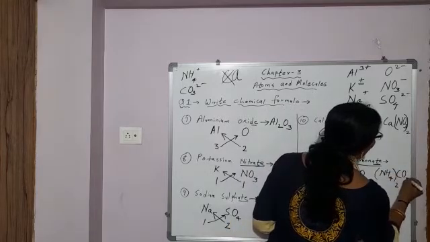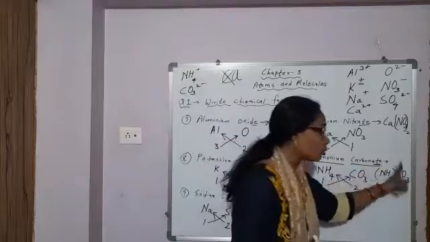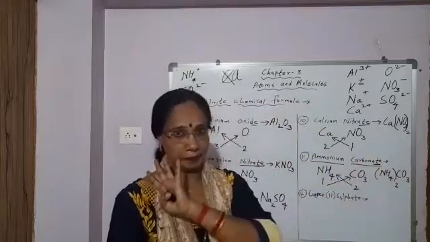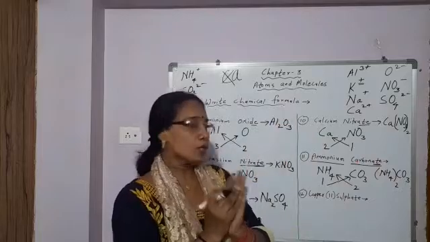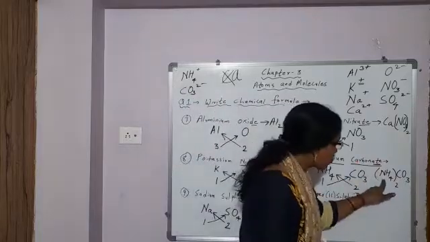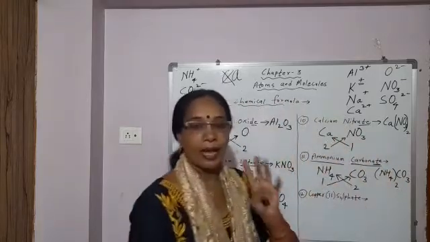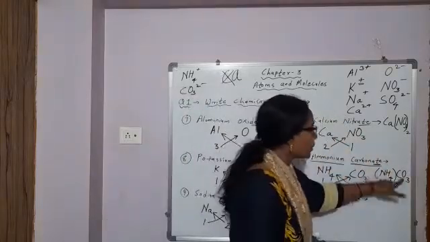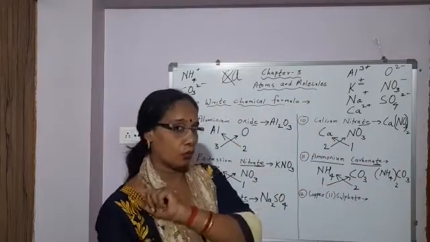The 1 you don't have to write, so you will not put a bracket, even though CO3 is a polyatomic ion. So how will you read it? (NH4) whole twice CO3. This is the ammonium carbonate formula.